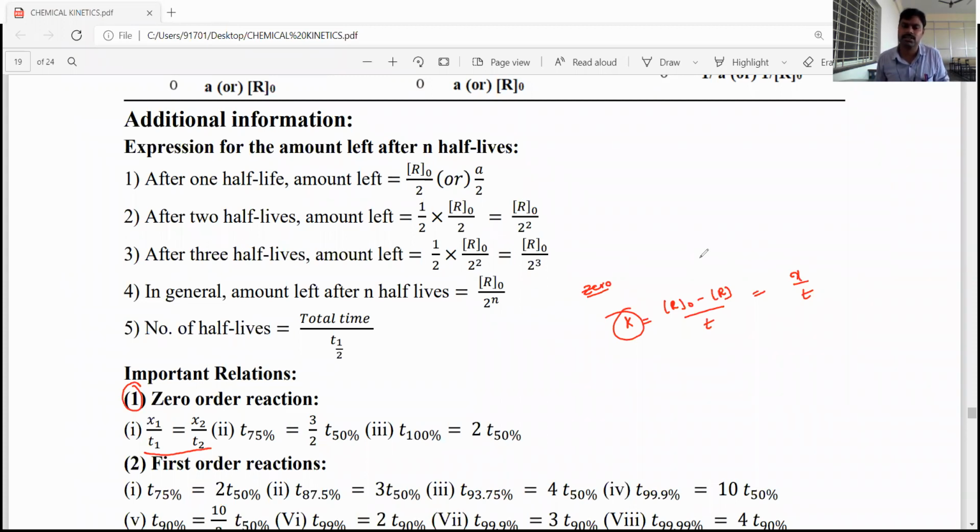Where X indicates the amount of product formed.